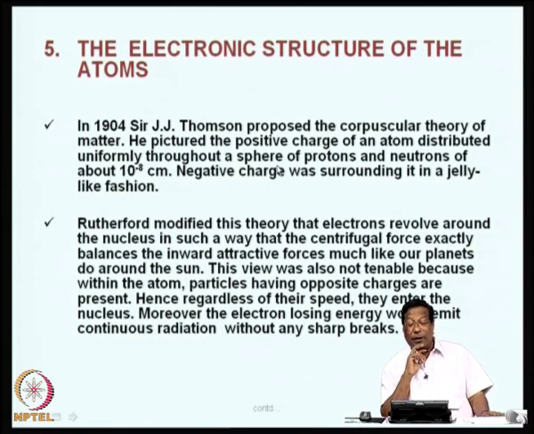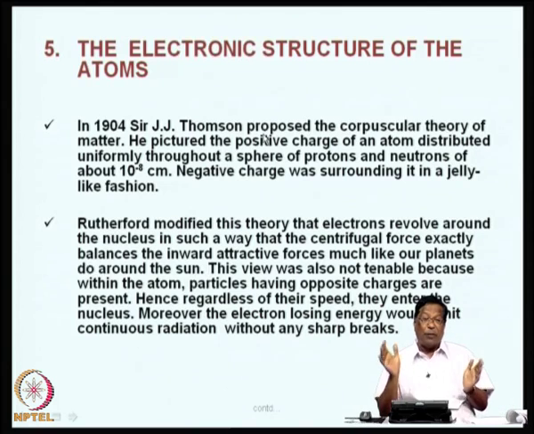These electrons were first found out and discovered, you can say, in 1904, when Sir J. J. Thomson proposed the corpuscular theory of matter.